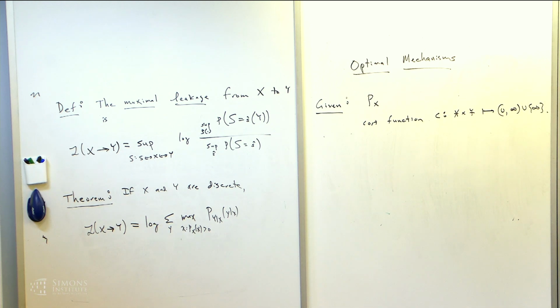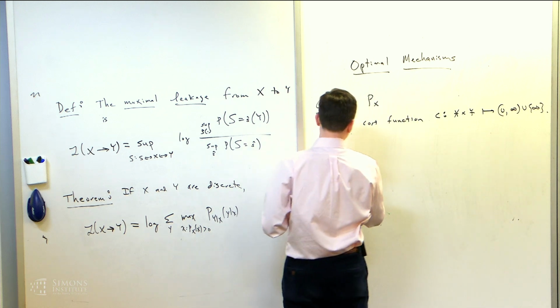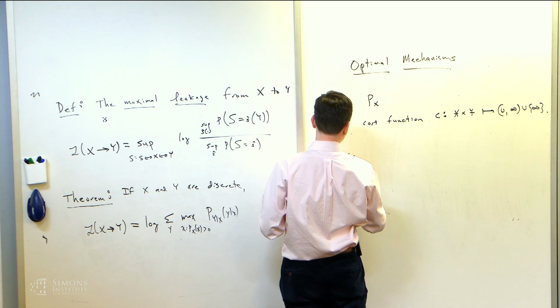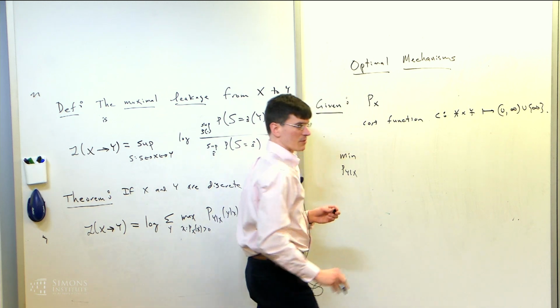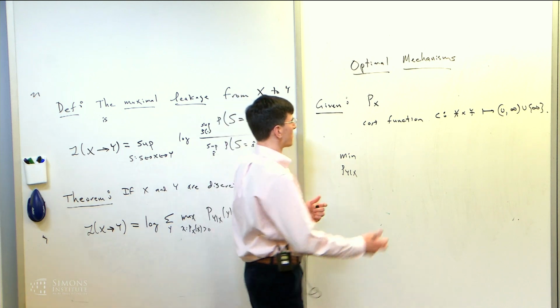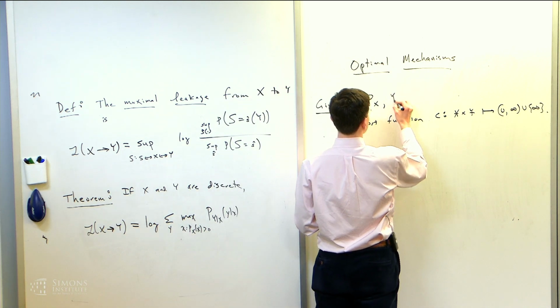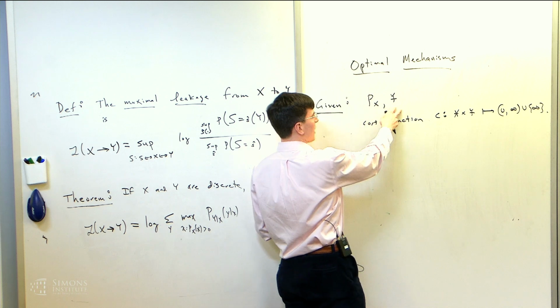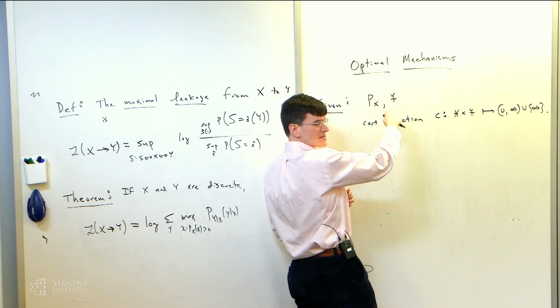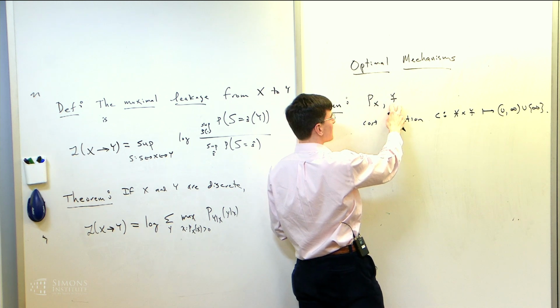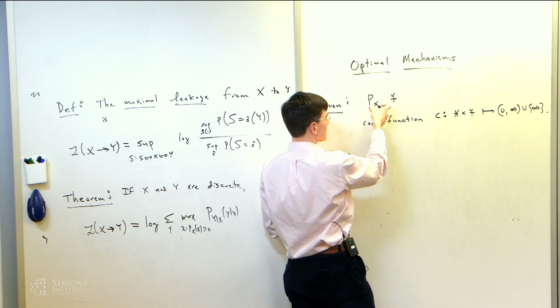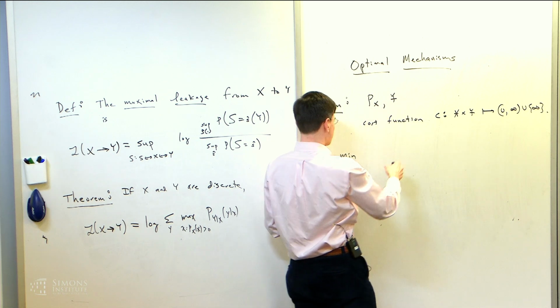Okay. And then I can imagine minimizing the leakage over all mechanisms. So we're fixing the y alphabet here as well. Think about the x alphabet as fixed, the y alphabet fixed. That's my attempt at a calligraphic font. So the two alphabets are fixed, the marginal for x is fixed, and we're given a cost function.